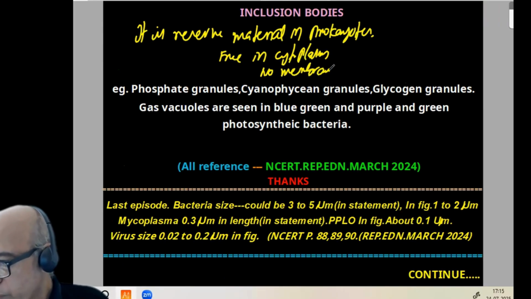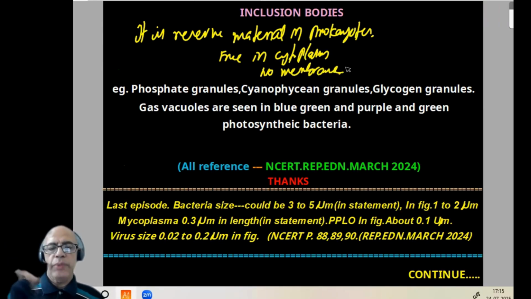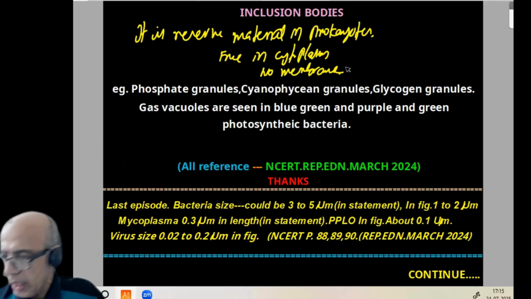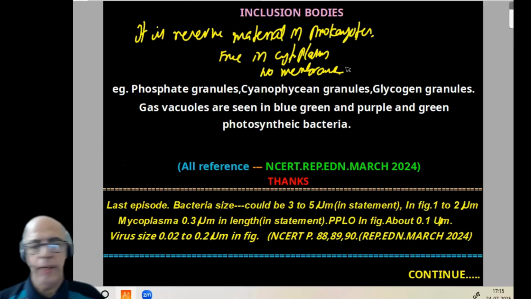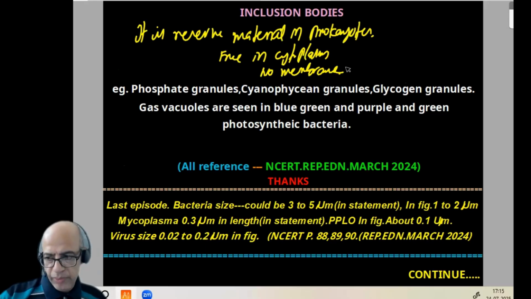Typical examples are phosphate granules, cyanophycin granules, and glycogen granules. Gas vacuoles are seen in blue-green and purple and green photosynthetic bacteria. So all reference is made with NCERT. This is a quick reference only; details are already there on YouTube for each area.